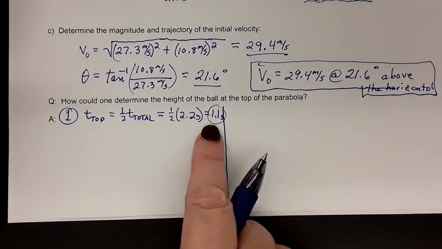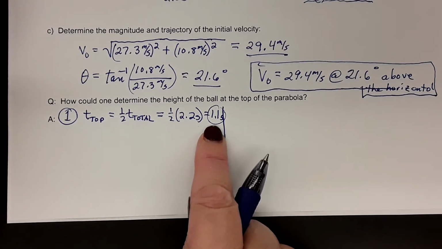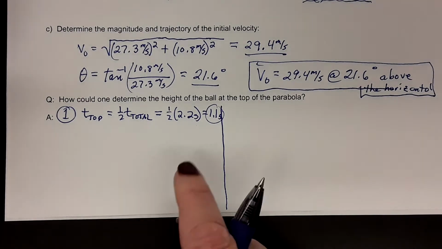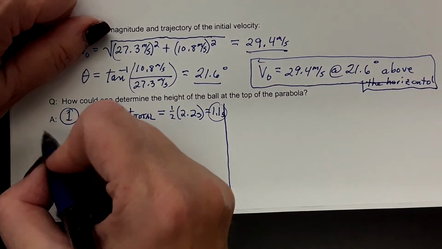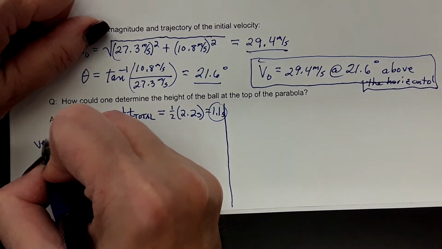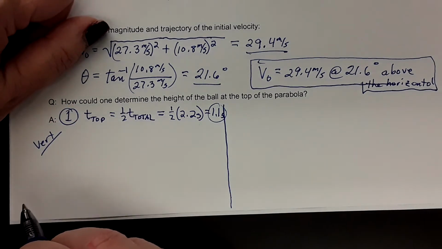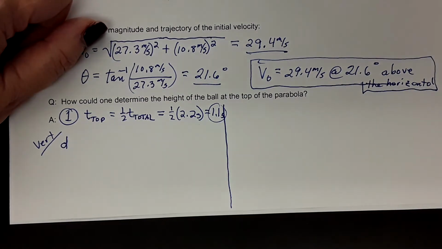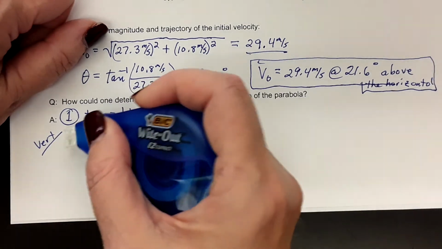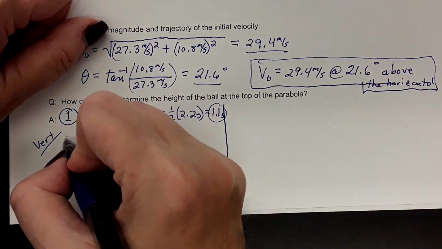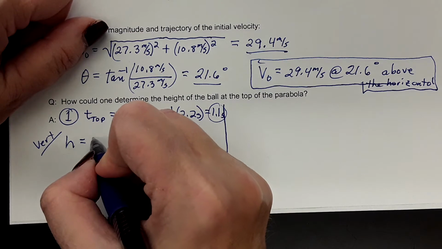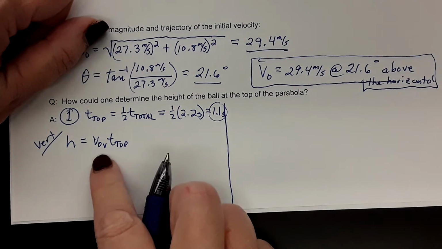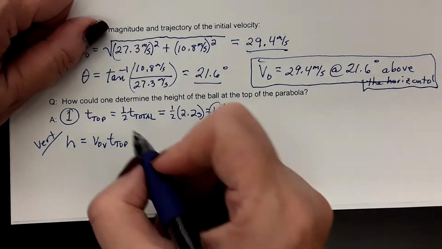Okay, so we want to know where's the ball located vertically at 1.1 seconds, because that's when it's at the top, isn't it? So what we're going to do is use the general equation on the vertical side. Remember, vertical, because we're looking for the height. So let's say just height, h for height. Okay, the vertical height equals v sub o vt to the top. All right, remember we start with our initial velocity and we're going to the top.